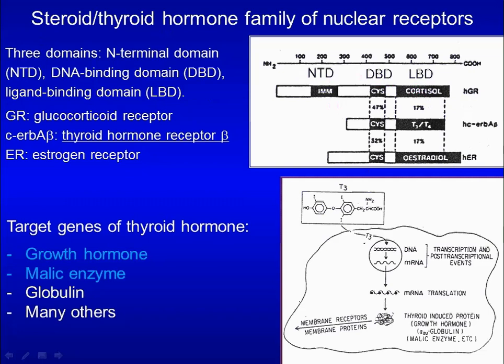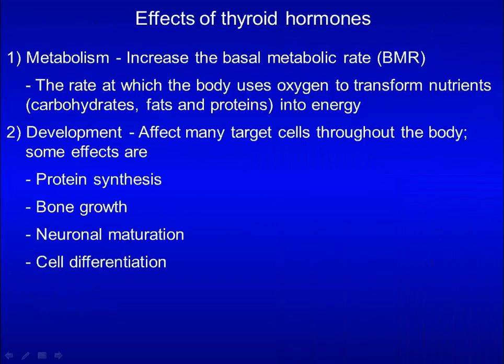Thyroid hormone controls transcription of a large number of genes, including genes coding for growth hormone and malic enzyme. Thyroid hormones increase the basal metabolic rate.